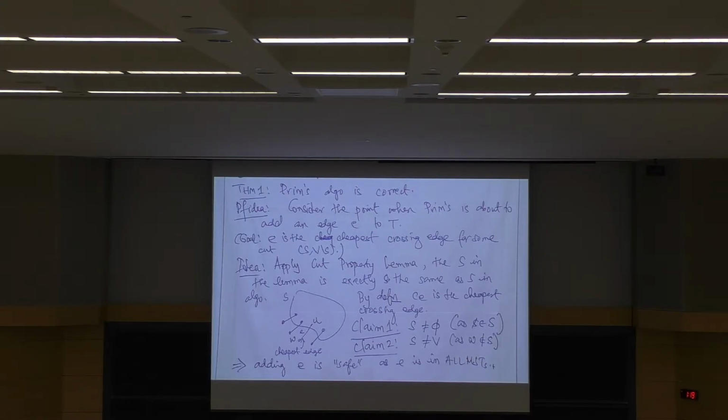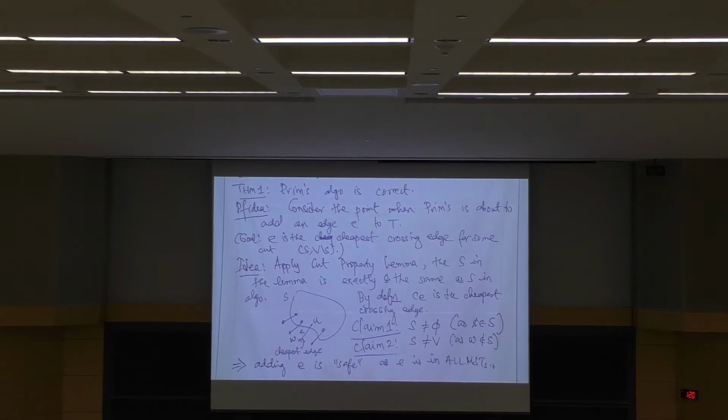So Alex's question was, we are adding all edges that are in all MSTs. Does it mean that there is only one unique MST? It doesn't immediately follow, but in this case it is true. So here is one fact, which is a good exercise for you to do at home. If all the edge costs are distinct, the MST is always unique. Okay, so in that sense, when I'm saying it's in all MSTs, it's in all MSTs because there's only one MST, by our assumption that all the costs are distinct.